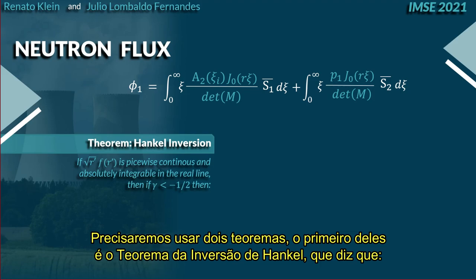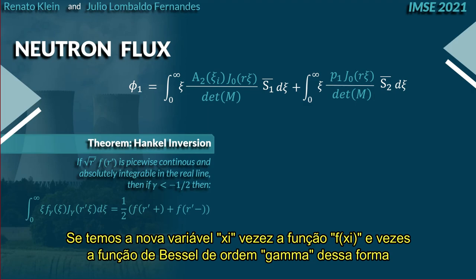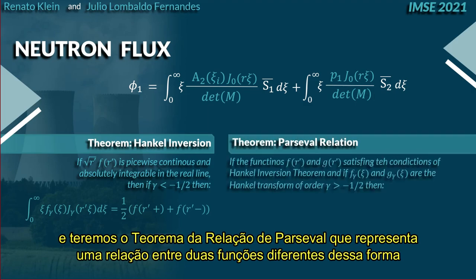That says that if we have the new variable c times f and times j, that is a Bessel function of order gamma, for example, like this one, and we have the Parseval relation that represents, for two different functions, f and g, for example, this relation.